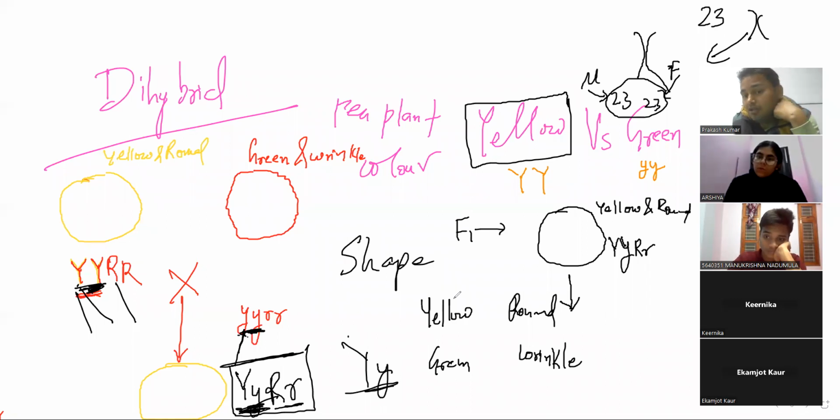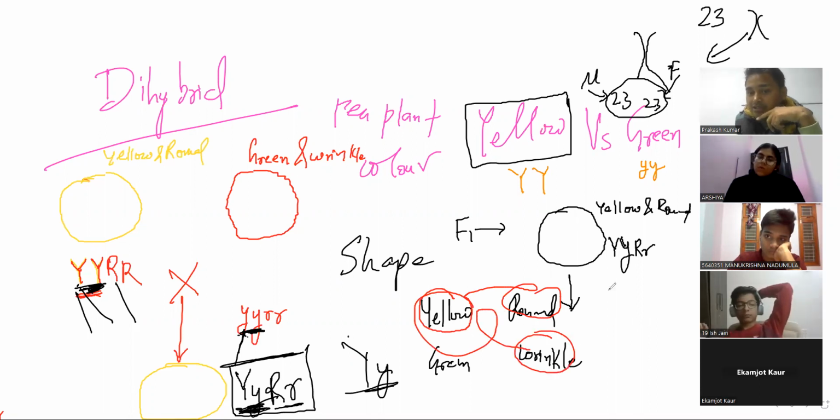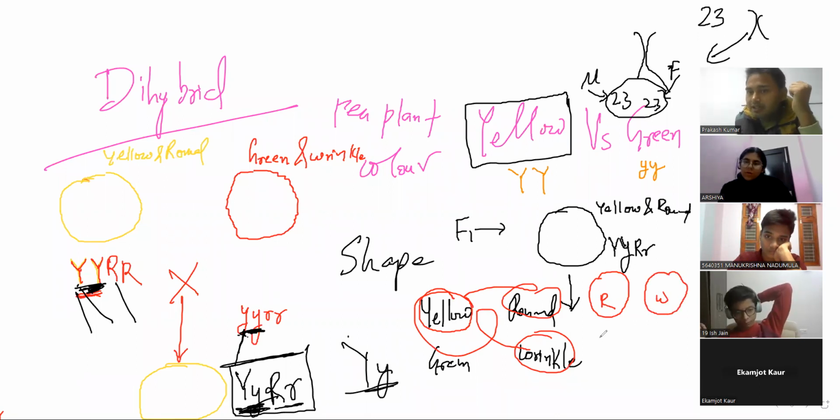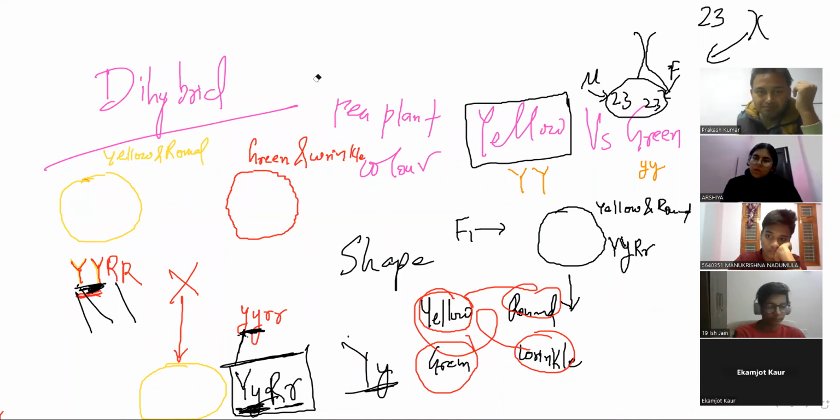The combination can be, वो जो next generation आने वाला है वो yellow and round हो सकता है. Then yellow and wrinkled हो सकता है. Means it will be yellow in color, but it will be round. Yellow in color, but wrinkled. Now it can be green, वो green color का भी हो सकता है. I'm using the same color, that will be better.